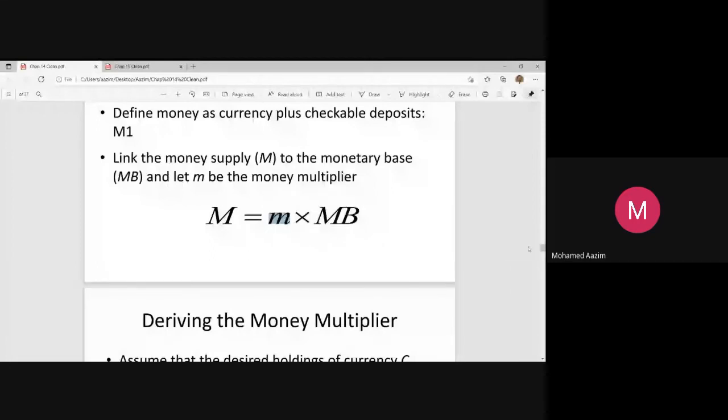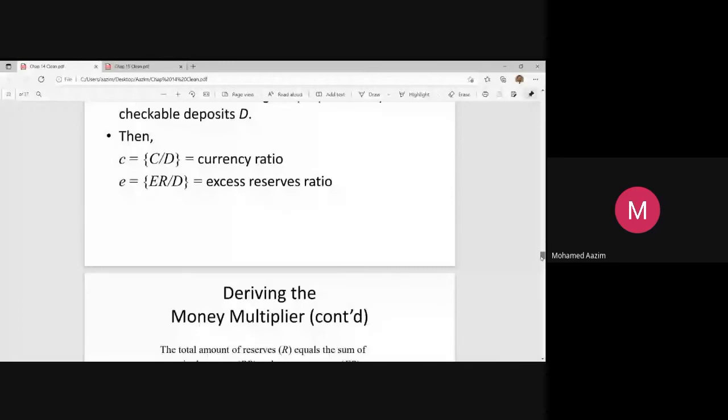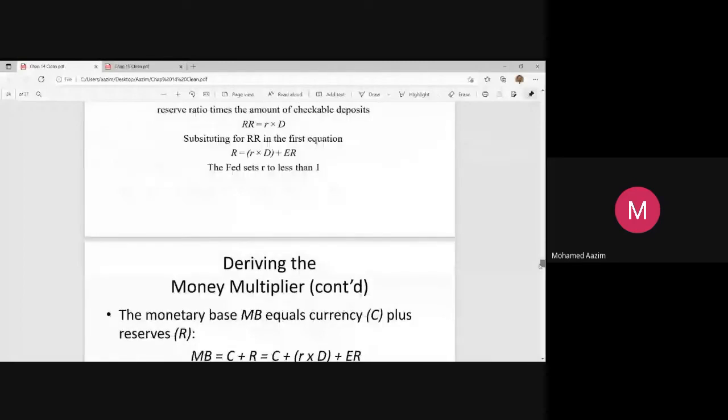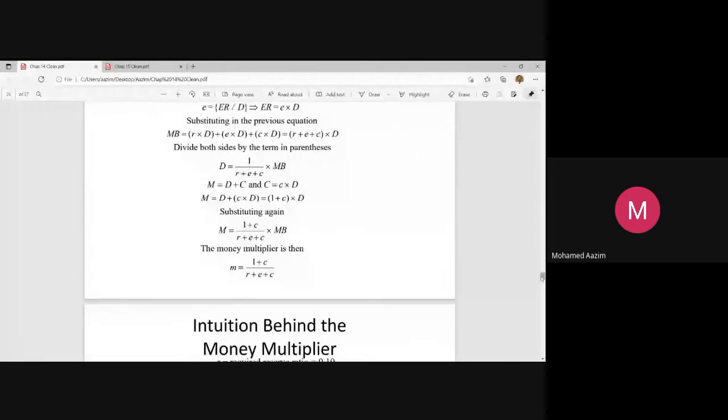We discussed all this time to find out what this small m, the money multiplier, is. And now you know what it is. We have got into those details and we have defined and derived the multiplier. So money supply is 1 plus currency ratio over required reserve ratio plus excess reserve ratio plus currency ratio, times the monetary base.